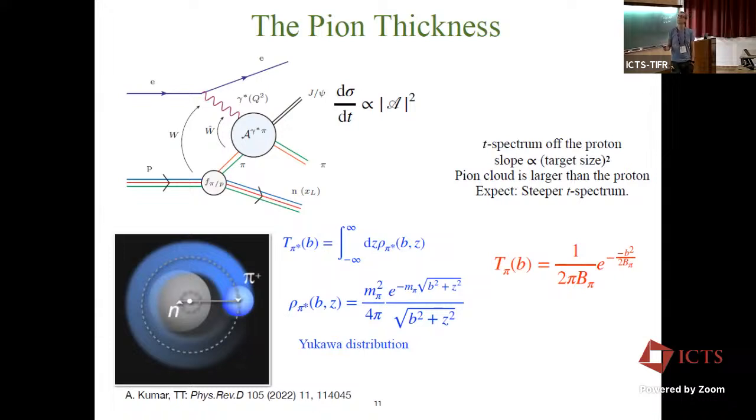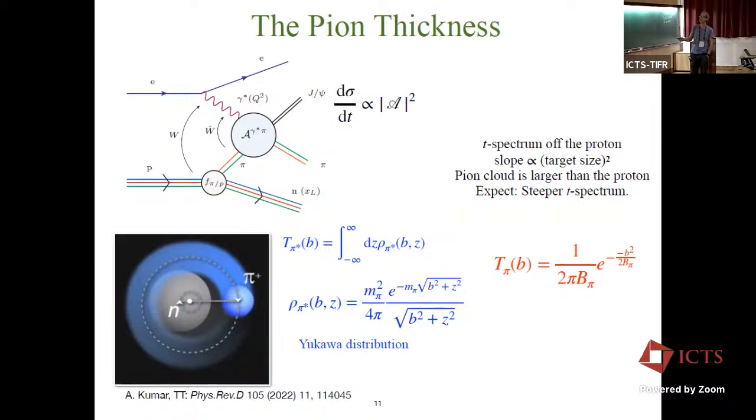There's a problem if we want to do exclusive diffraction with the thickness function, which is that we don't know which function to use, because we have two at play here. We have a pion cloud, which is described by some Yukawa distribution. This is the projection of the three-dimensional Yukawa into two dimensions, which basically gives you a Bessel function K, a thickness function.